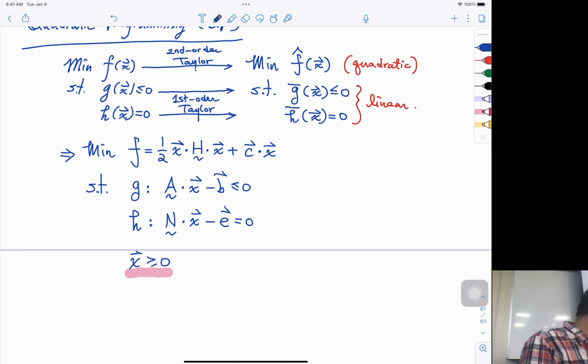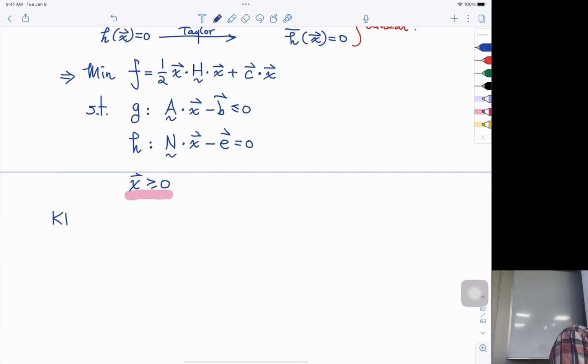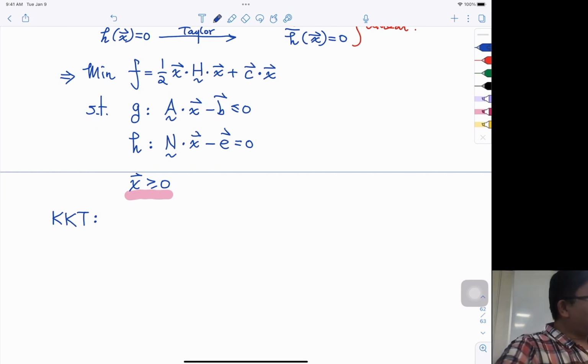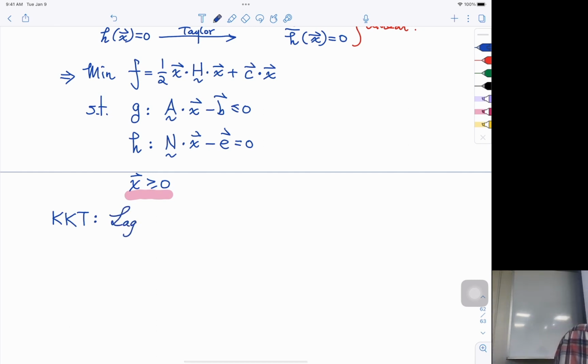Now, since we already introduced KKT conditions, let's try KKT conditions on the formulation that we have so far. First, the way we put F and G and H together, we call it the Lagrangian. I mentioned it already.